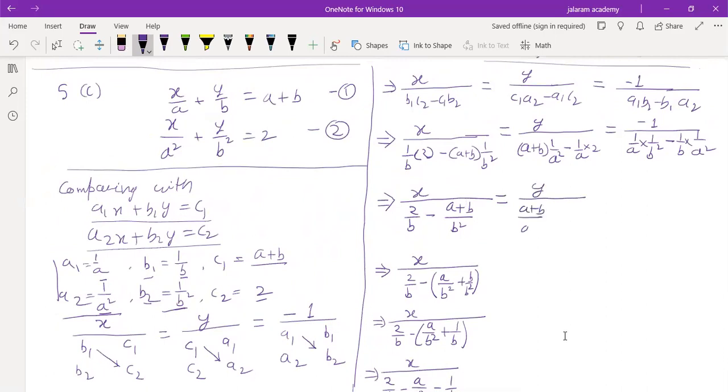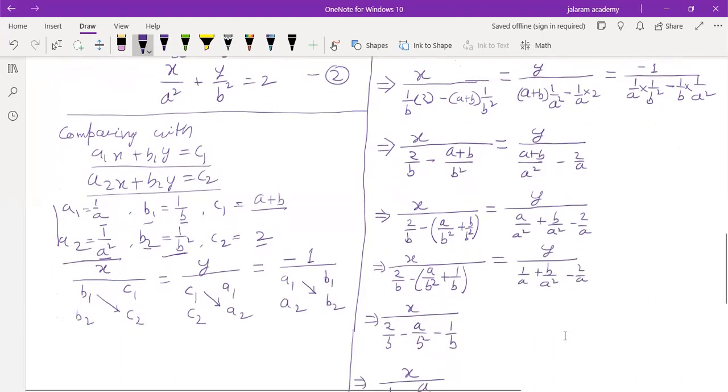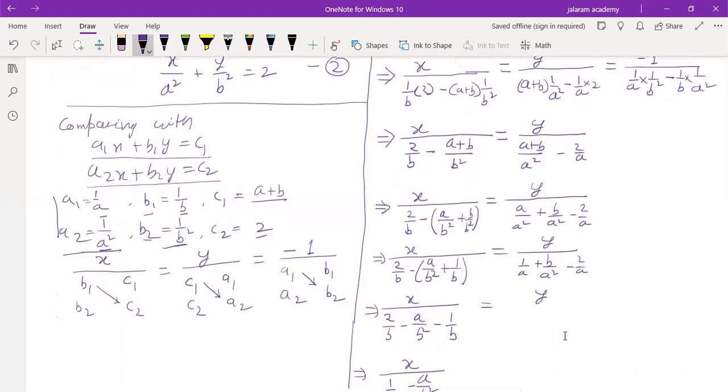Now we will solve the denominator of y with the same method. A plus b upon a square minus 2 by a equals to, don't forget to write the equals to sign. Again, a by a square plus b by a square minus 2 by a equals to y upon 1 by a plus b by a square minus 2 by a, equals to y upon 1 by a minus 2 by a is minus 1 by a, and b by a square before this.